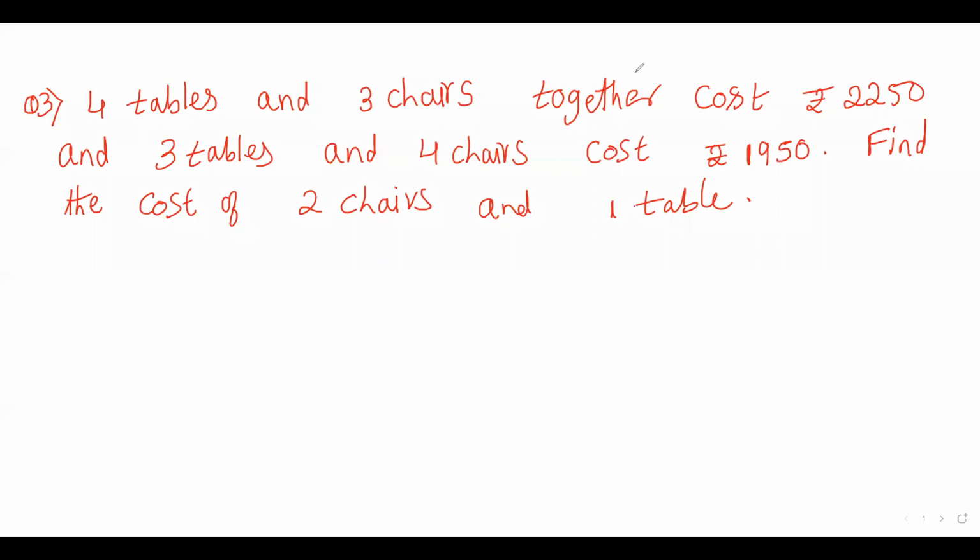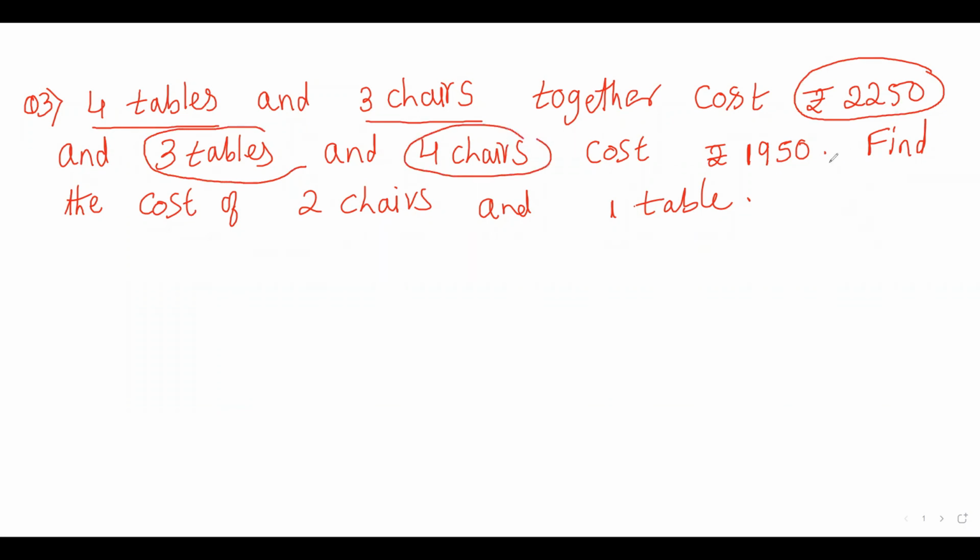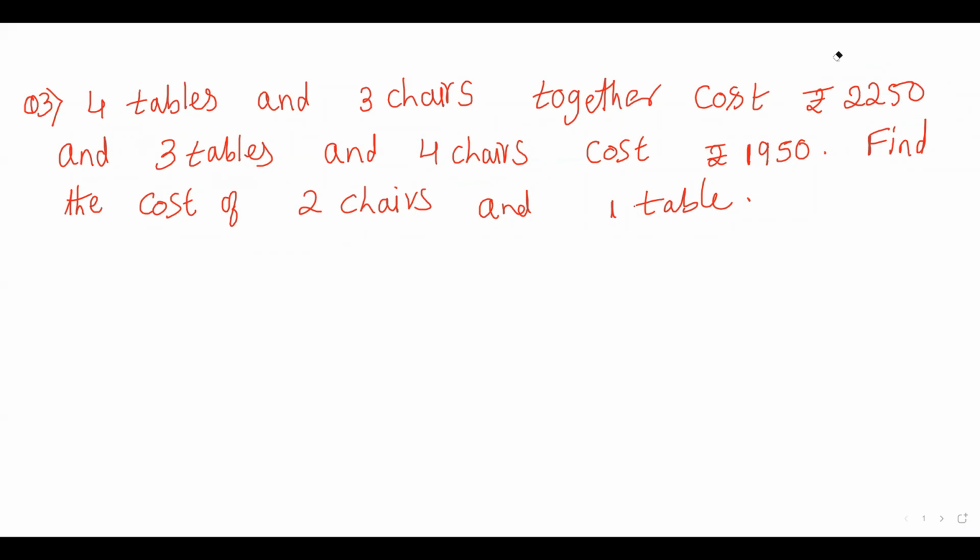In this question, the cost of 4 tables and 3 chairs is 2250. At the same time, the cost of 3 tables and 4 chairs is 1950. Basically, in this type of question, two conditions will be given.